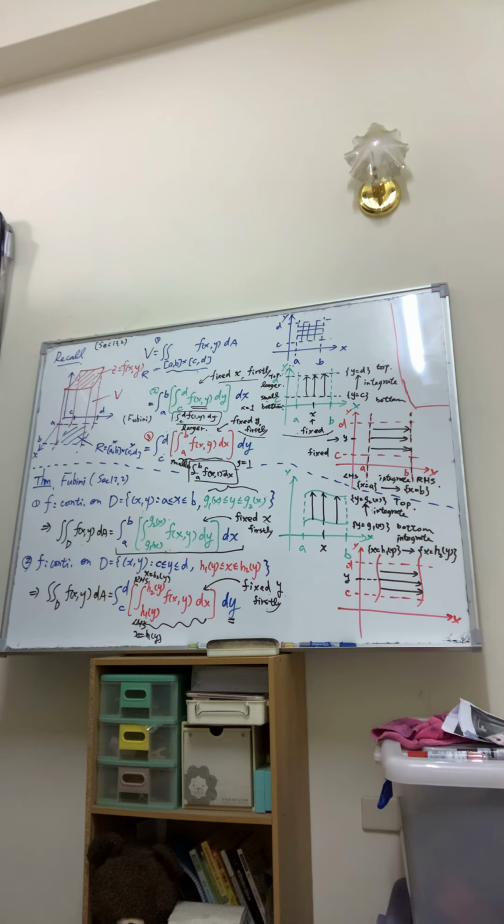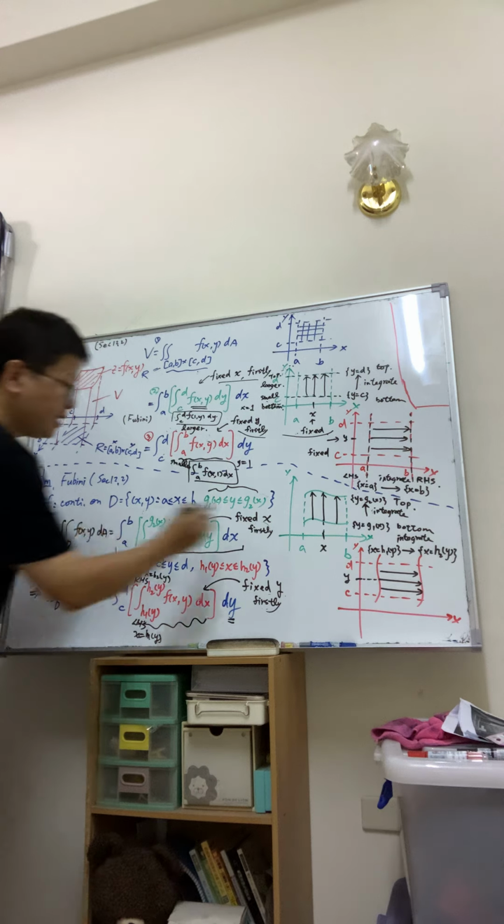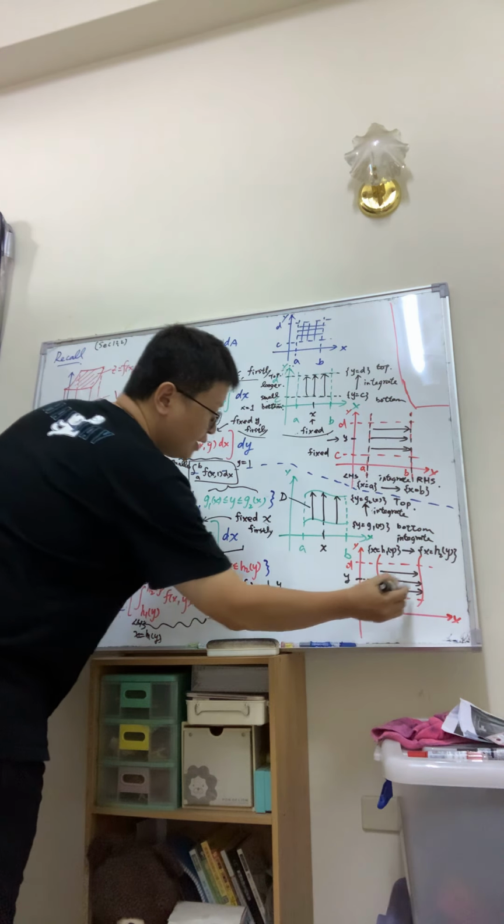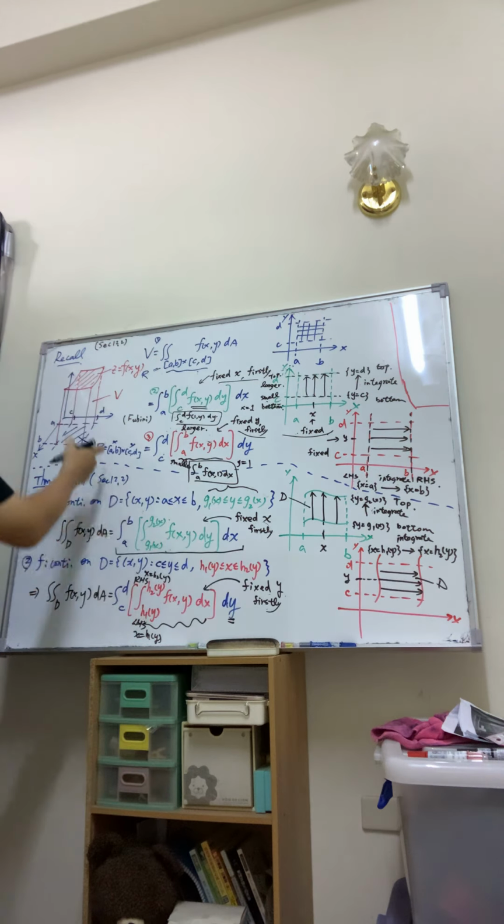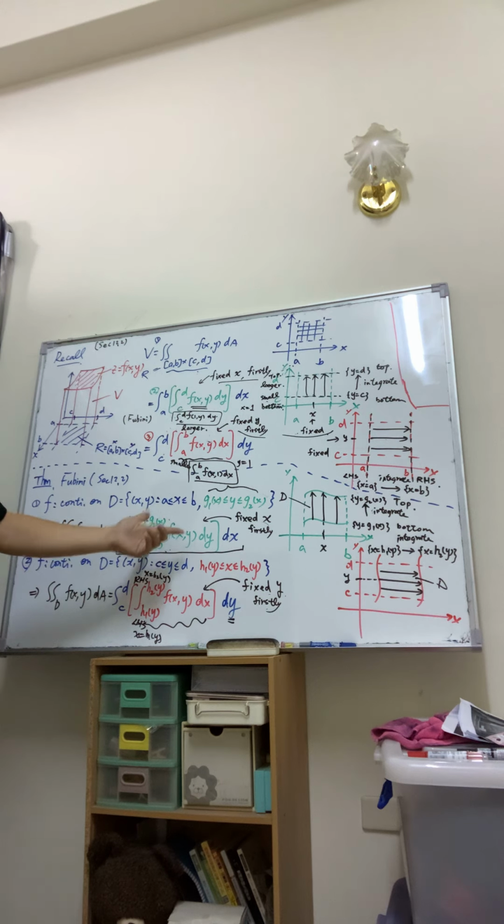And Fubini tells us if f is continuous, its double integral equals, where D is the region. If we continue on this region, then the double integral equals this one. We could integrate y firstly, and after that integrate x.